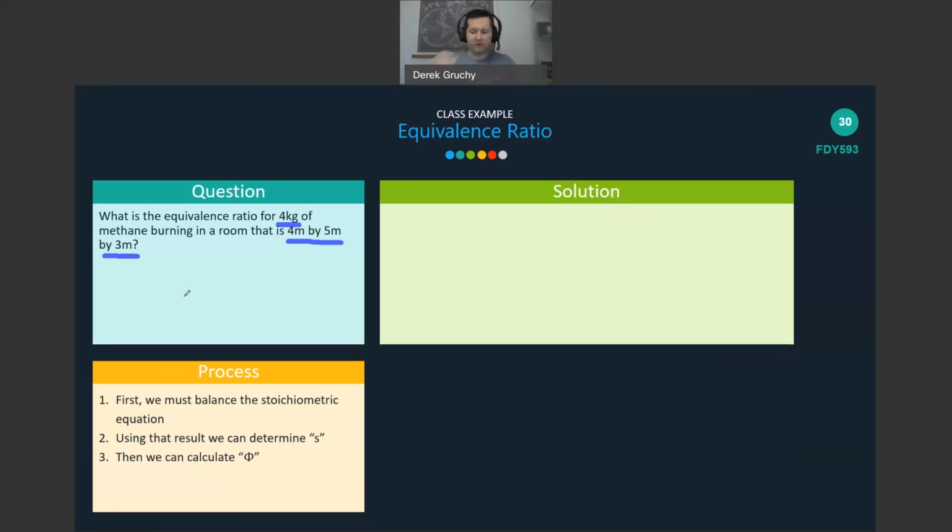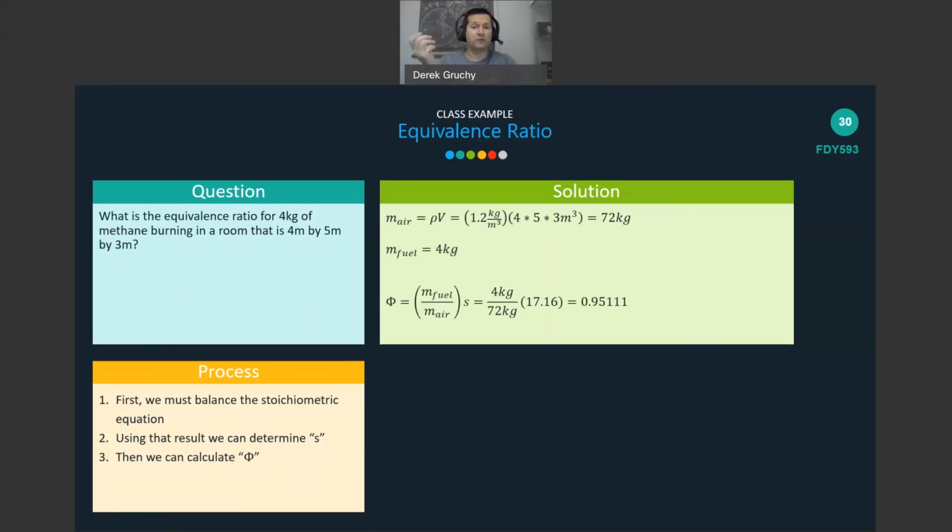And if we multiply the volume by the density, we'll get the mass of air. So that's what we're doing here. And we end up with 72 kilograms of air inside a room that's 4 by 5 by 3 meters. And we're given that the fuel is 4 kilograms. So we have 4 kilograms of methane and 72 kilograms of air.